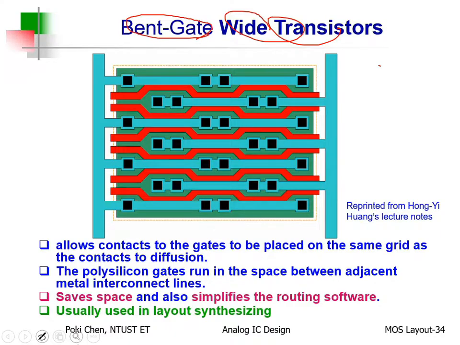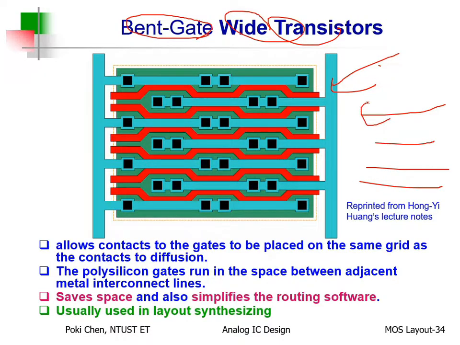That is the most famous one for digital wide transistor layout. And what is the definition of bent gate? You can see they are also stacked, but not with straight polygate. No, they try to bend the polygate regularly, periodically.